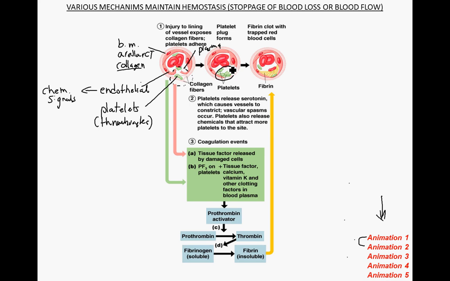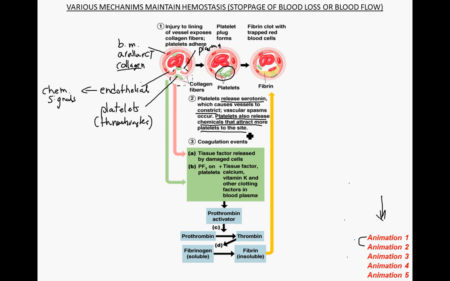And not only are those platelets, when they bind to each other, forming the plug, they will also then be signaled to release serotonin, which causes other vessels to constrict. Vascular spasms occur. The platelets also release chemicals that attract more platelets to the site.